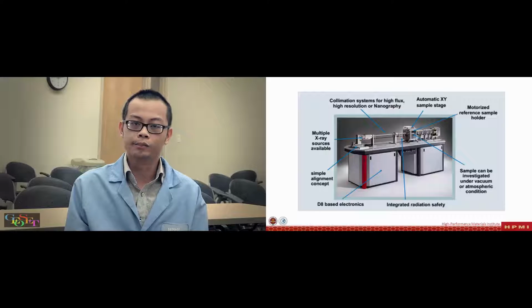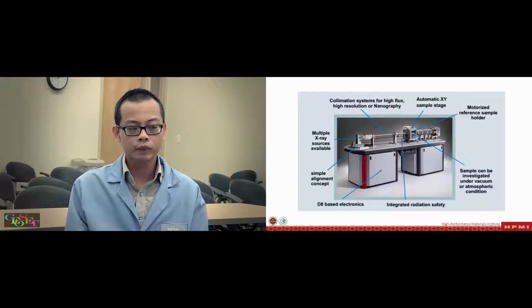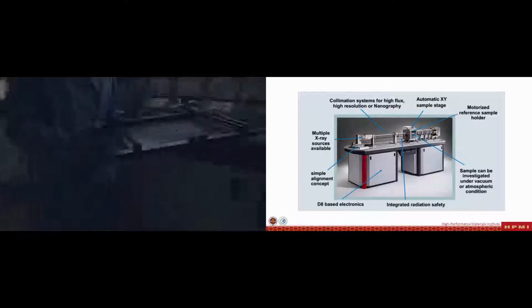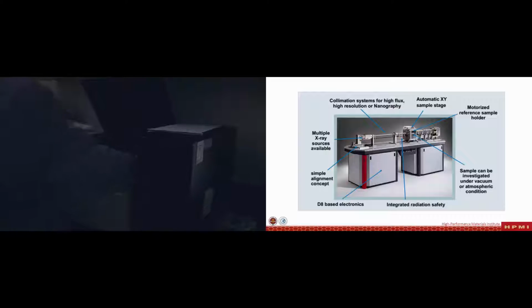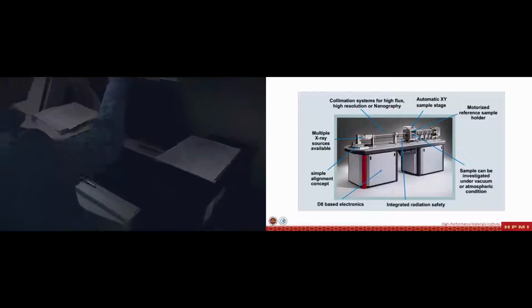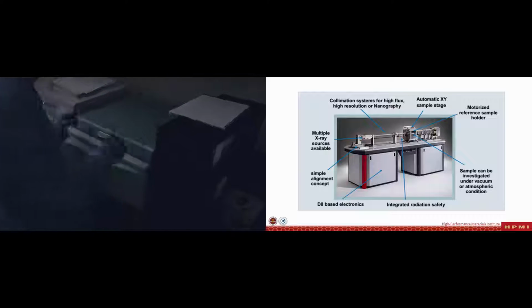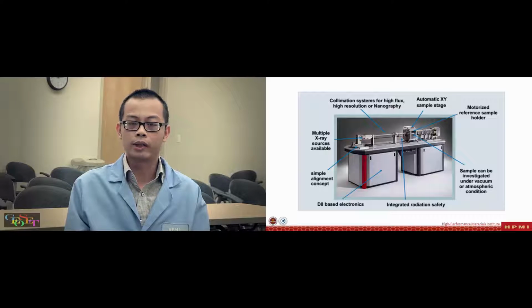If the intensity is weak, you have to run it for a longer time. Once you get the data from the film, you can scan the film and get the data using the scanner. By that, you will have two results at the same time: the small angle X-ray scattering and the wide angle X-ray scattering.